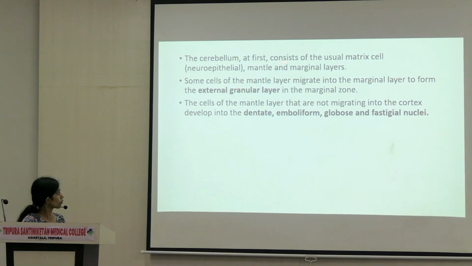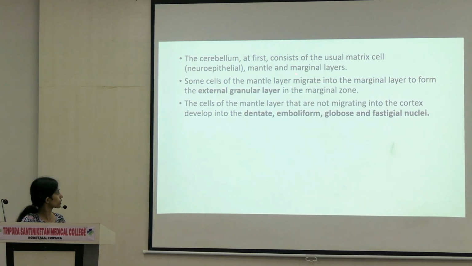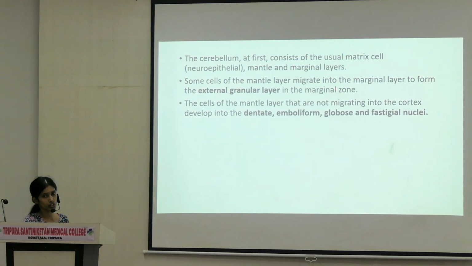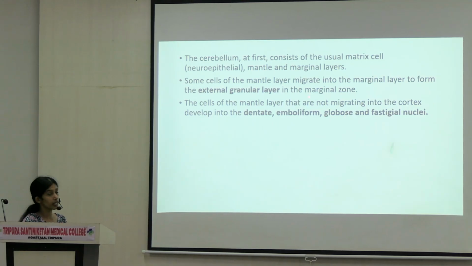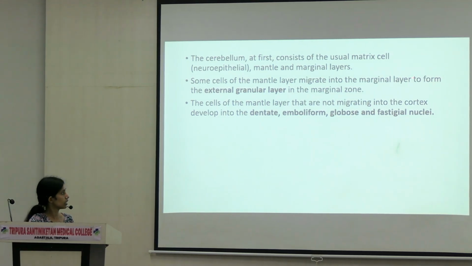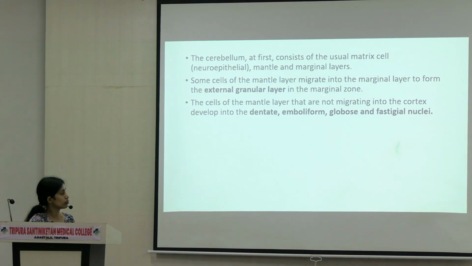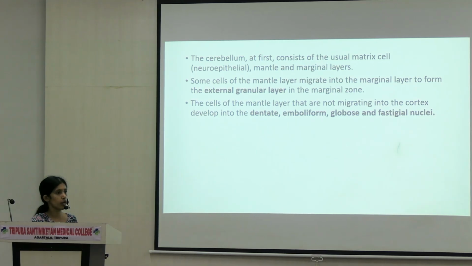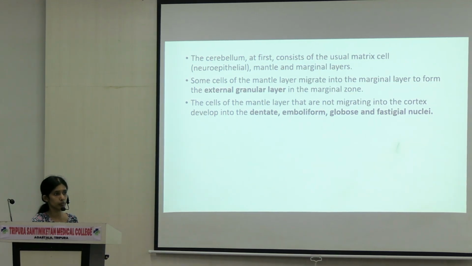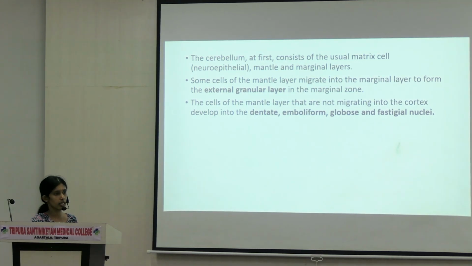The cerebellum at first consists of the usual matrix cell, mantle and marginal layers as present in each and every structure of your brain vesicle part. Some cells of the mantle layer migrate into the marginal layer to form the external granular layer in the marginal zone. As a result, your white matter will be present on the inner aspect and your grey matter will be present on the outer aspect, only in the cerebellum part.